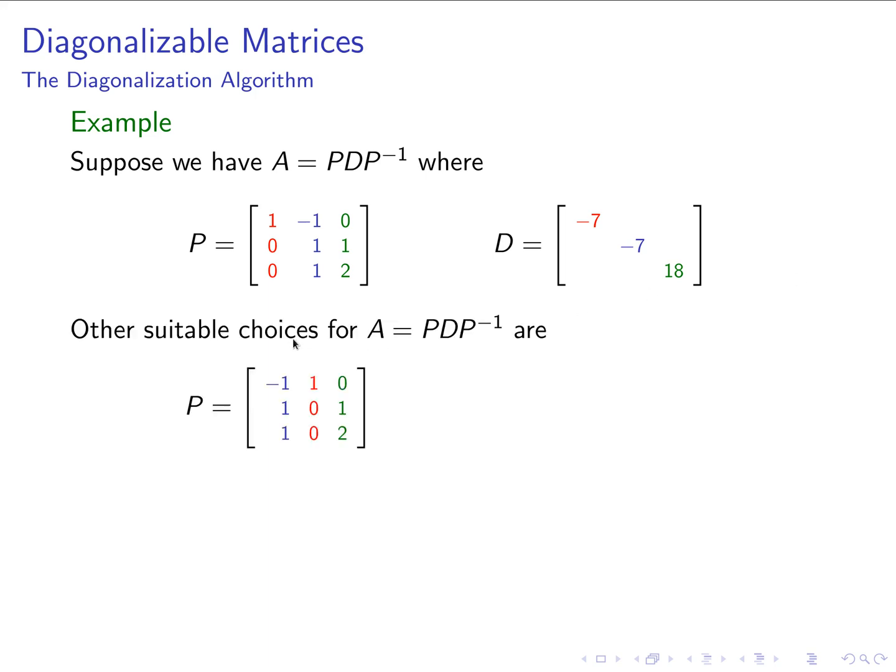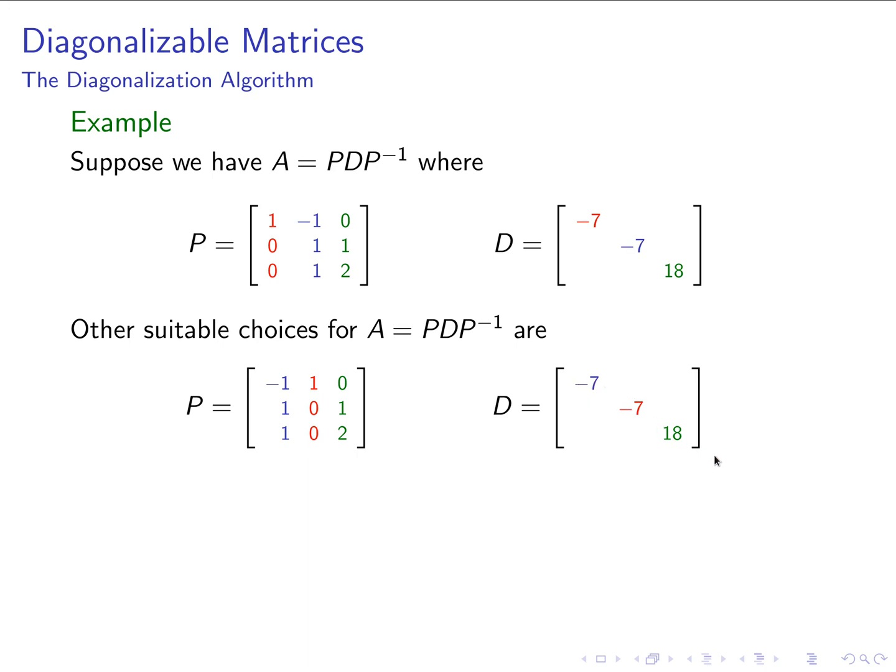Well, if you want to, you can shuffle around the columns inside of P. So we can instead choose P to equal this blue column, this red column, this green column. But if we do that, we should also shuffle around the diagonal entries in D appropriately. So if we're writing P in its columns as blue, red, green, we should write the entries of D as blue, red, green.